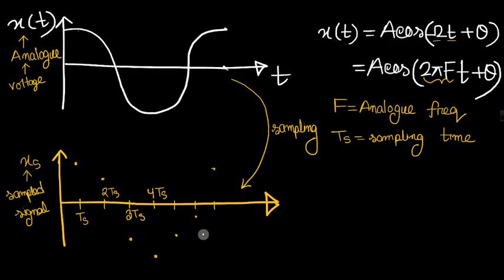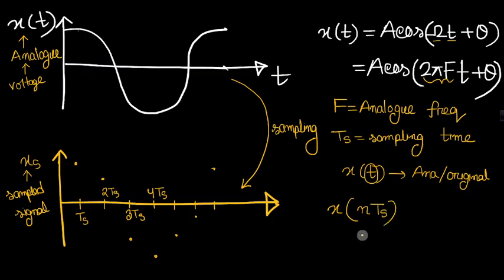So how can we get a sampled signal? We will get it from this signal. This is our x(t), the analog signal, or we can say this is our original signal. Here we have taken the signal across all the time, but instead we will now take the signal at nTs. Why nTs?